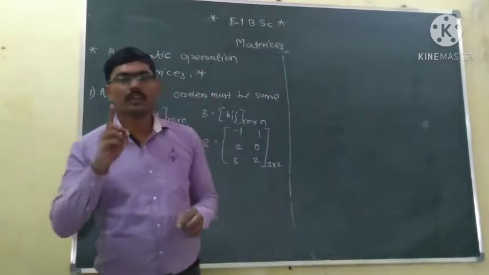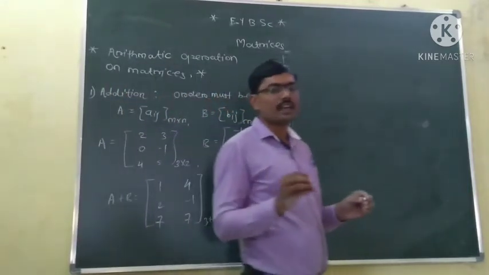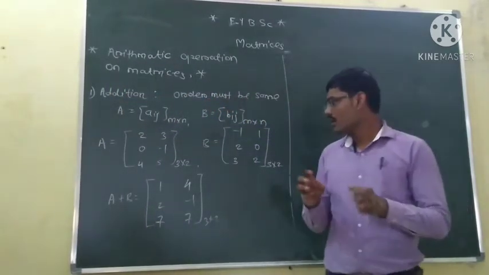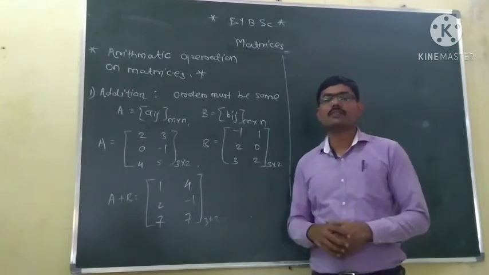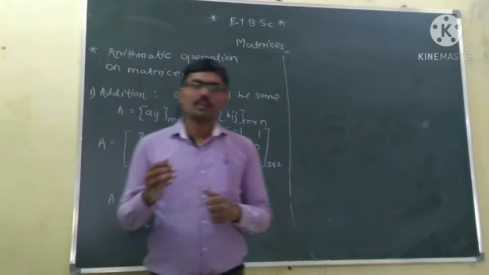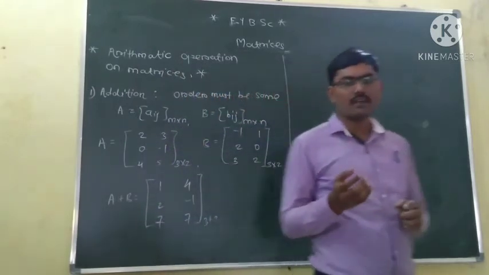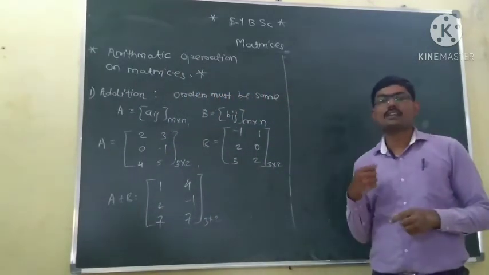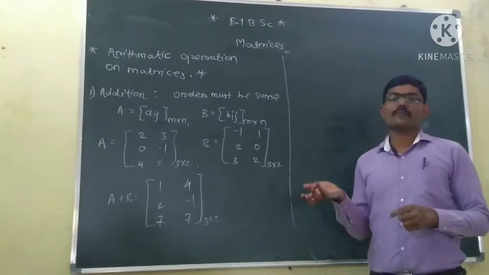Only one important thing is that for addition, the order of both matrices must be same. Now, the addition of matrices has some properties like associativity or commutativity.